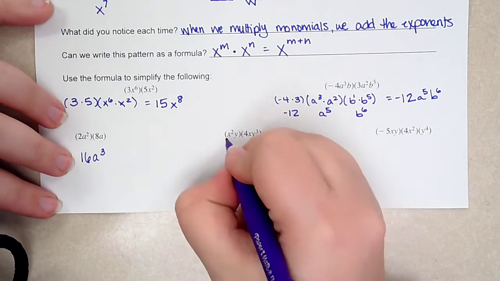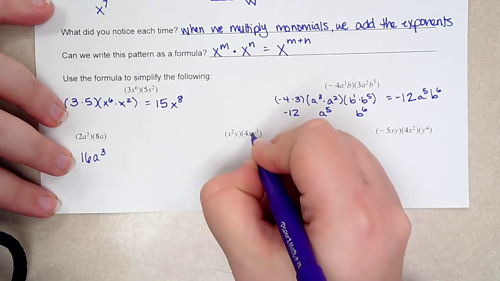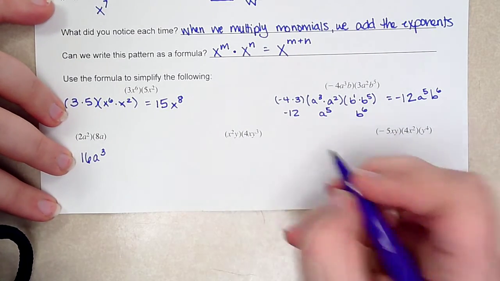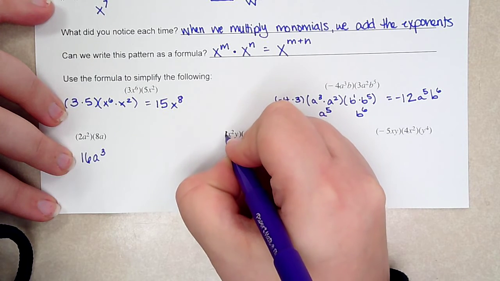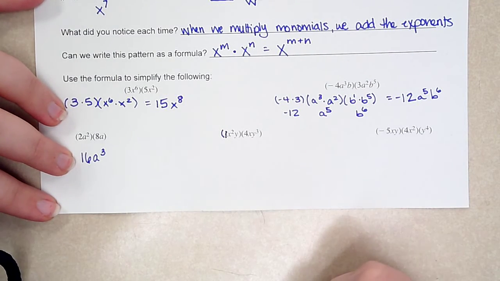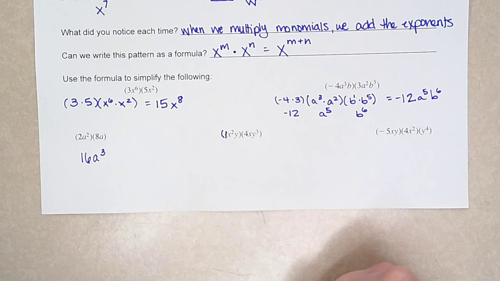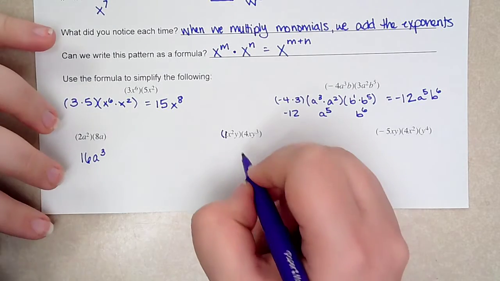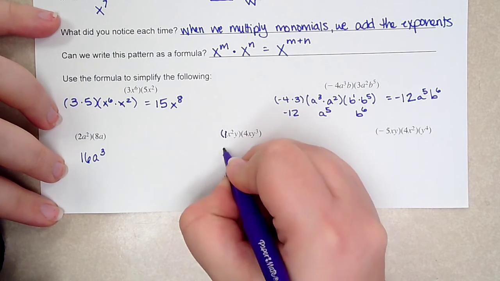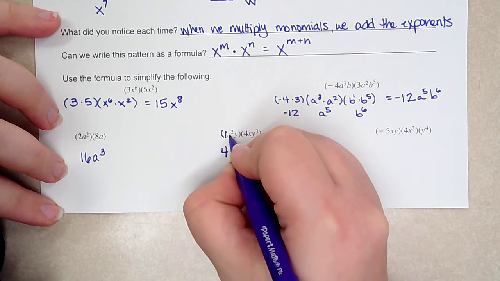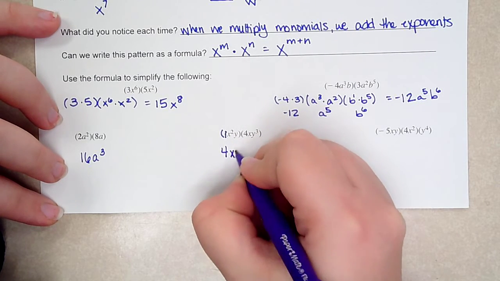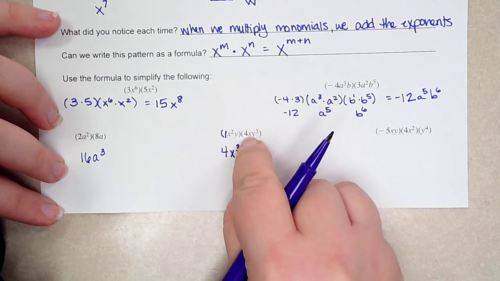All right. So you're saying, Miss Burry, this only has one number. What do I multiply it by? Well, remember, there's always an imaginary 1 out in front of any variable we have because there's one of that variable. So 1 times 4 is 4. X squared times x is x to the 3rd because there's only 1 there.